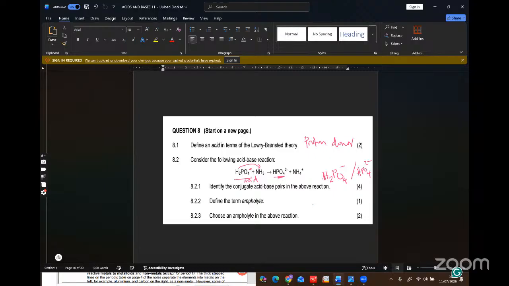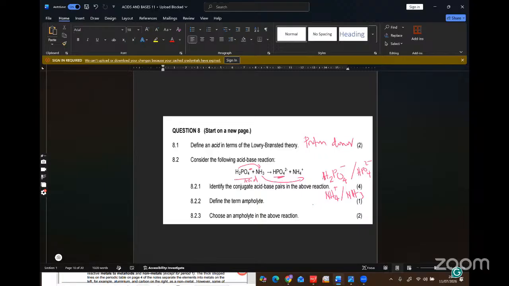HPO4 2 minus. And then this one is also another pair between this one and this one, but it's a base and an acid. So you can also have NH4 plus an acid, and its base will be, if you reverse it, NH3.